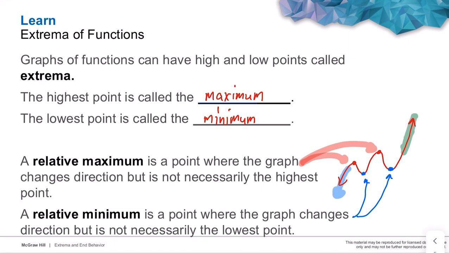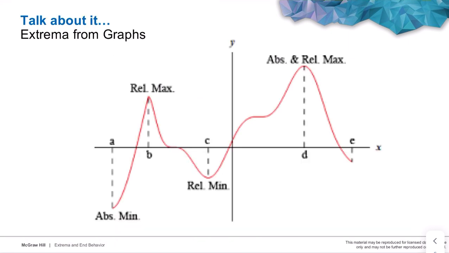So this graph kind of outlines that exact same thing. This is a relative max because of this location up here. This over here, the relative max, is lower than the absolute max over here. Conversely, the relative min is lower than the surrounding points, but it is not lower than this absolute minimum over here.